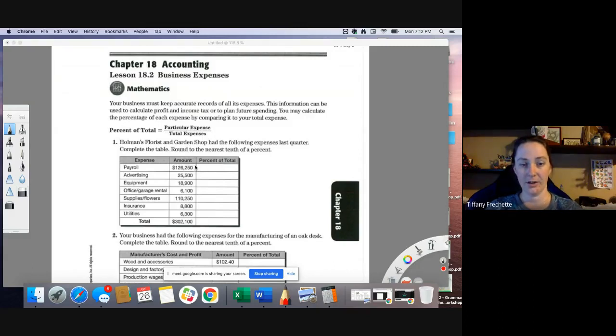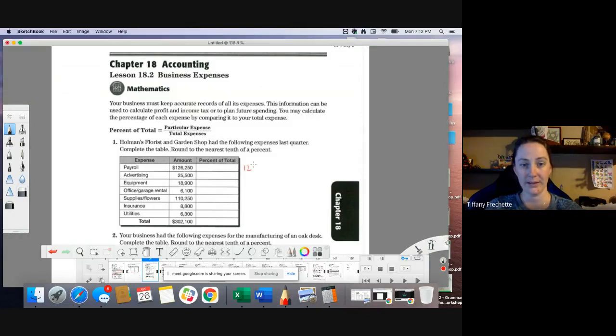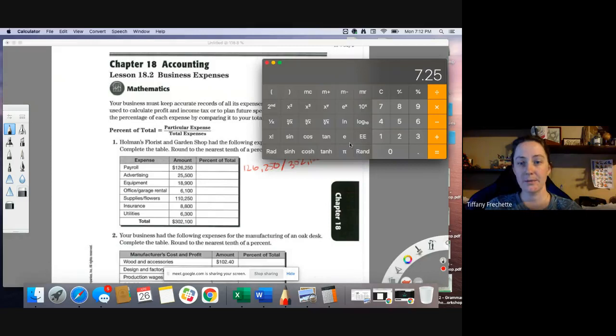All right, so if we want the percent of the total, we're simply going to take our piece that we have here. So here's our piece for payroll, and we're going to divide that by our total down here at the bottom, $302,100. And that will give us our percentage. Please keep in mind, I'm going to show you this on here, divided by 302,100.